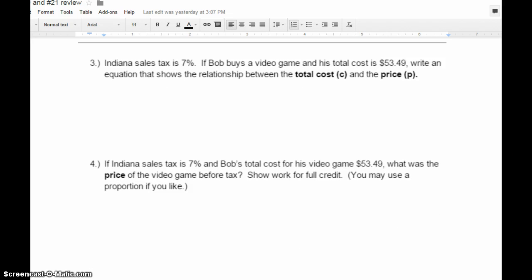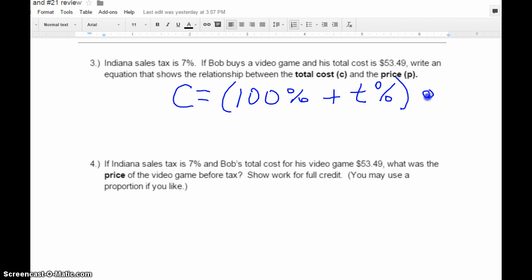Number 3, I'm asking you for the total cost equation. And that one starts with the total cost is 100% plus the percentage of tax times the price.